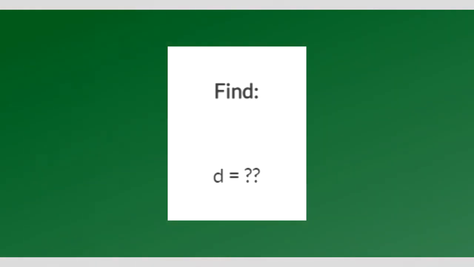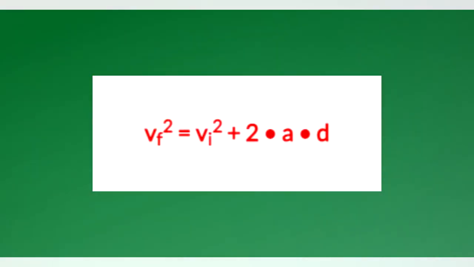The next step involves identifying a kinematic equation that would allow you to determine the unknown quantity. There are 4 kinematic equations to choose from. Again, you will always search for an equation that contains the 3 known variables and the 1 unknown variable. In this specific case, the 3 known variables and the 1 unknown variable are initial velocity, final velocity, acceleration, and distance.